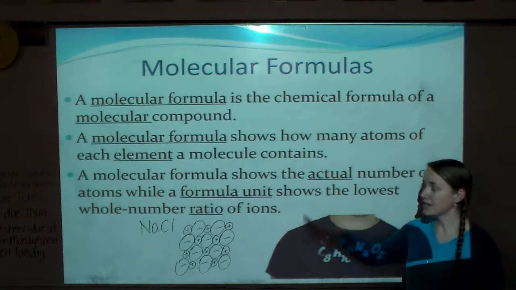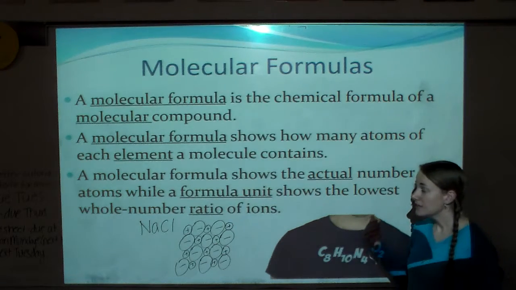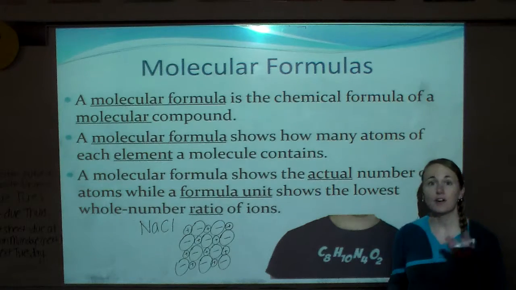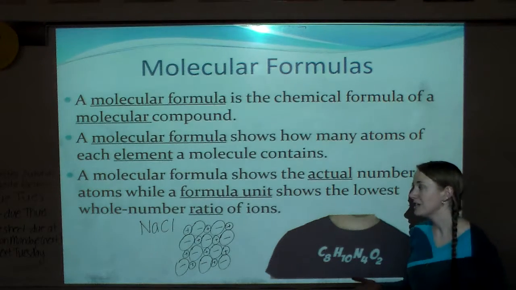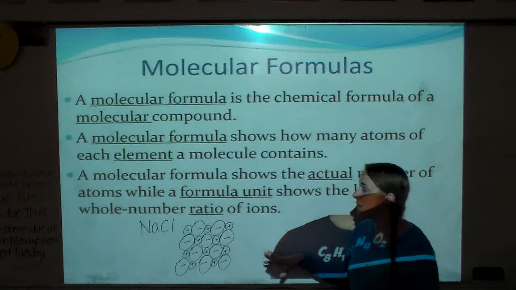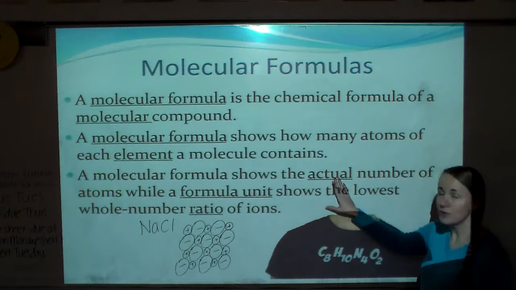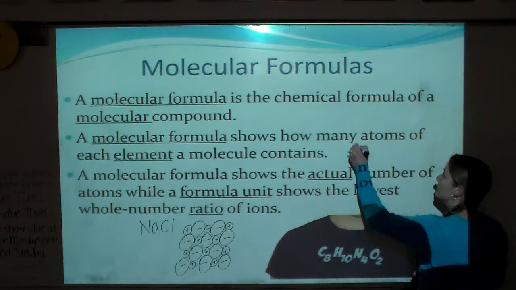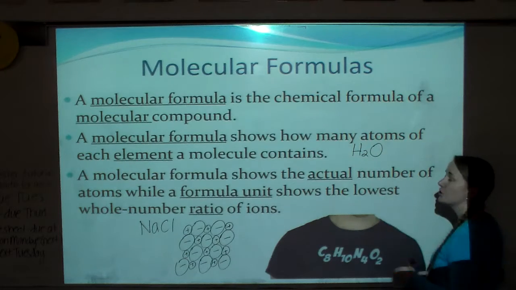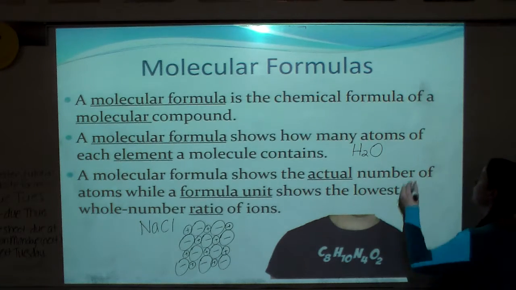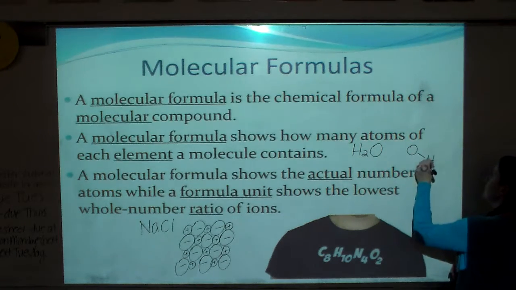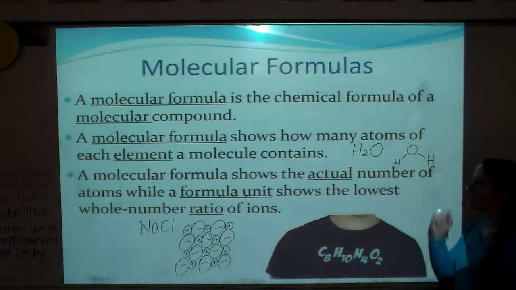Okay, so it doesn't matter the size of the crystal, it's still going to have one Na for every one Cl. It's just a ratio. It's not telling me exactly how many I'm going to have. Whereas a molecular formula, on the other hand, shows me the actual number. So water, H2O. That means that water is literally made of molecules that contain one oxygen and two hydrogens.